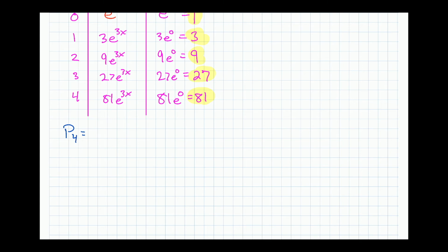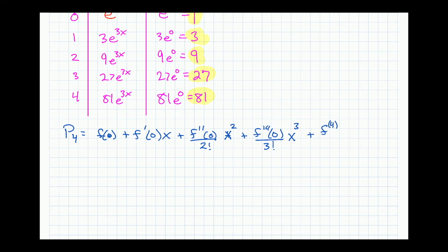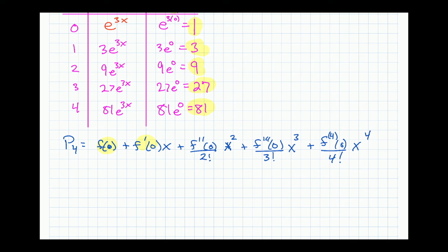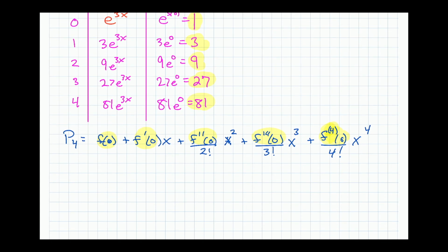So P4 is going to be f of 0, f prime of 0, x, f double prime of 0 over 2 factorial, x squared, triple prime of 0 over 3 factorial, x cubed, and then finally 4th derivative at 0 over 4 factorial, x to the 4th. And those numbers that I highlighted, remember, are here, here, here, here, here, here. Right? Those are the numbers. So you just fill them in.